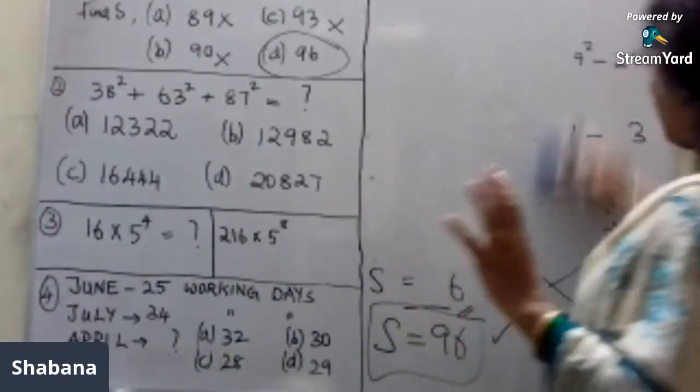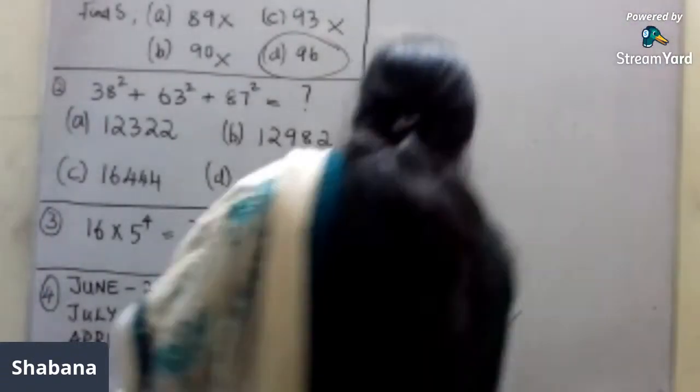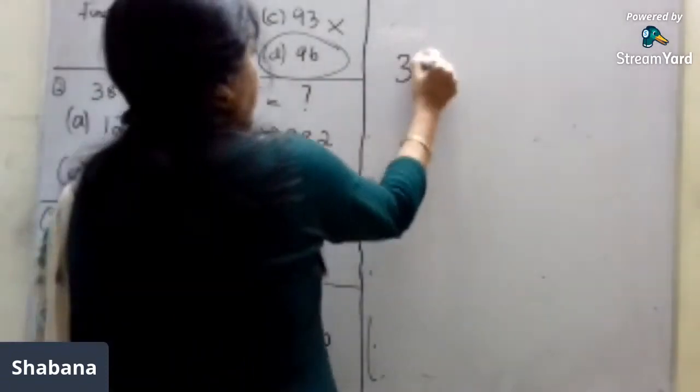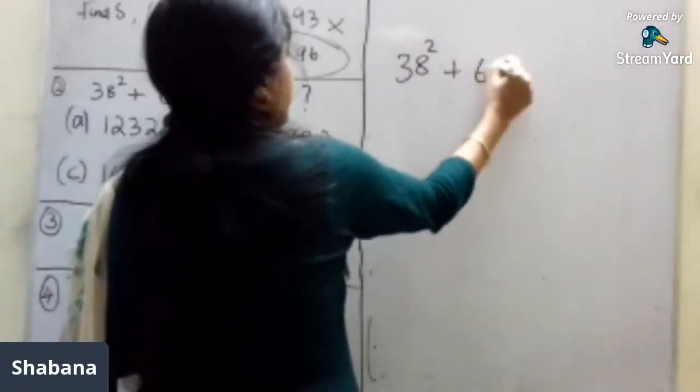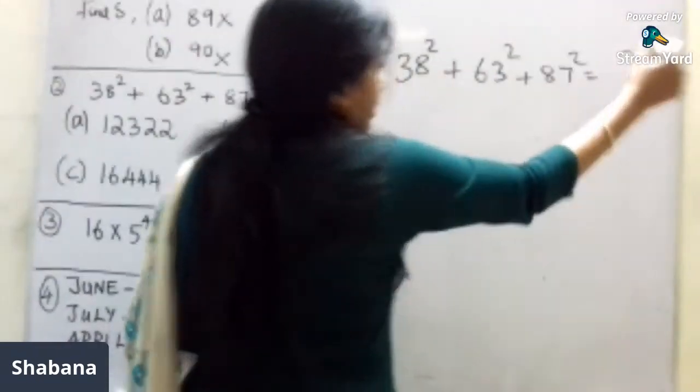The next problem, I'll write it clearly here on the board. The problem is 38 square plus 63 square plus 87 square, and you have to find the value.